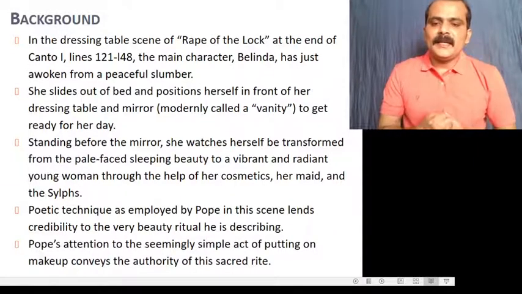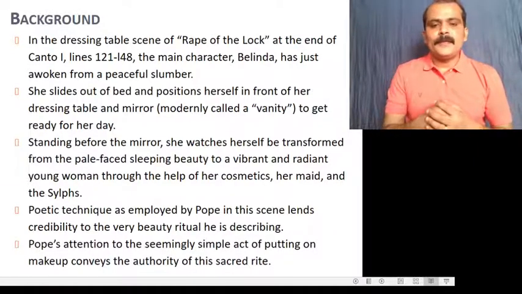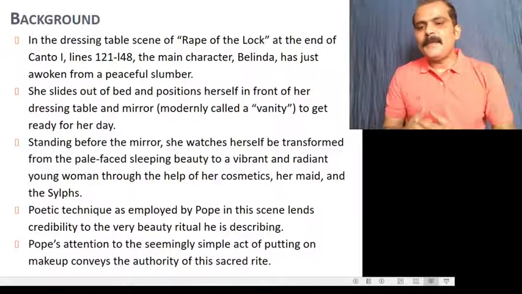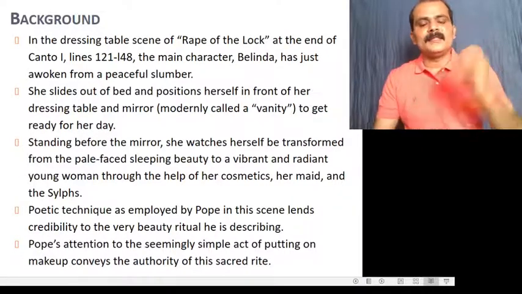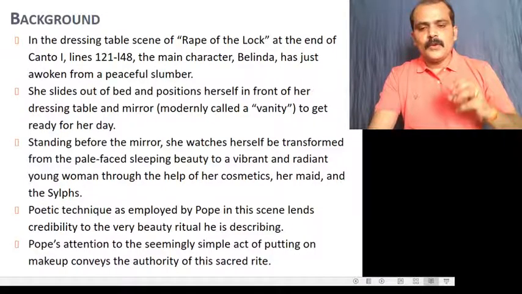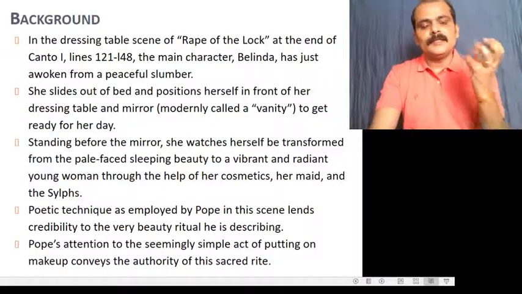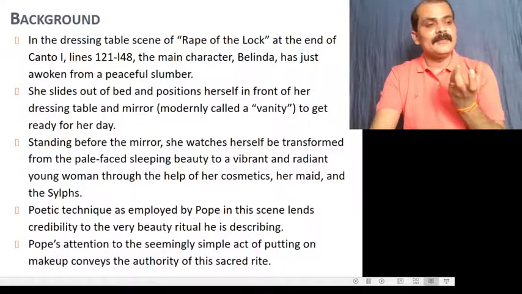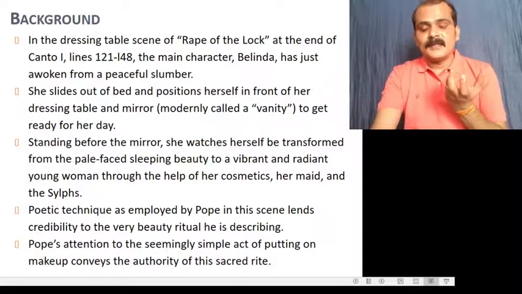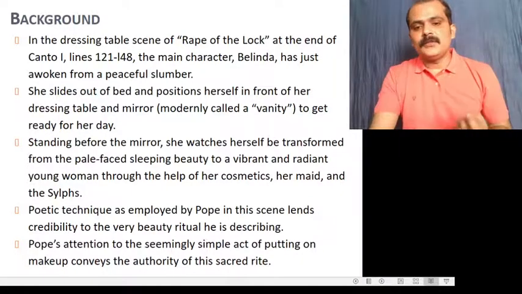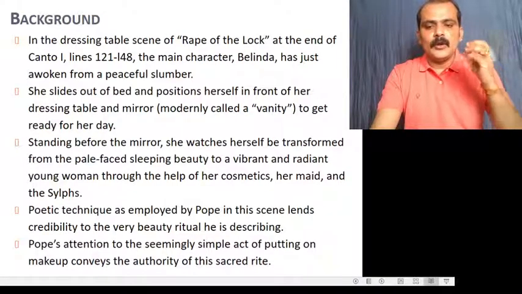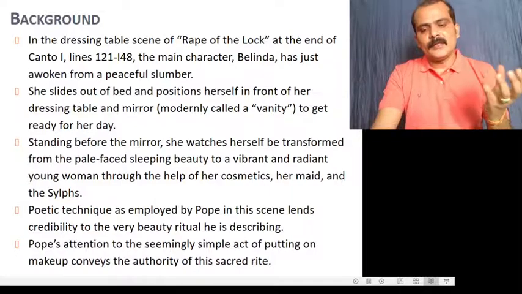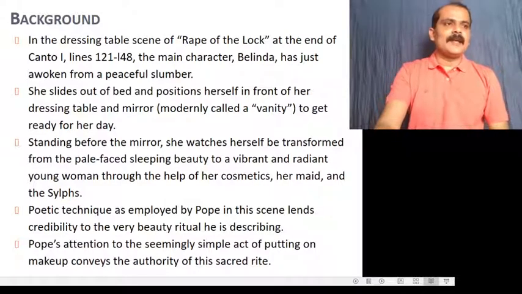The poetic technique employed by Pope in this scene lends credibility to the very beauty ritual he is describing, so the beauty ritual is given very much importance. Pope's attention to the seemingly simple act of putting on makeup conveys the authority of this sacred rite.